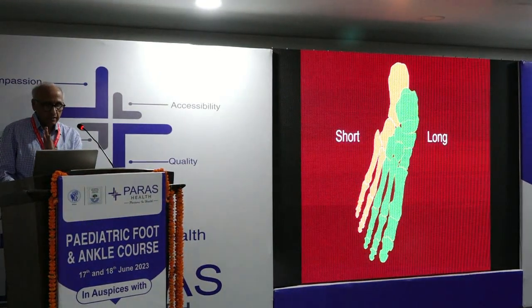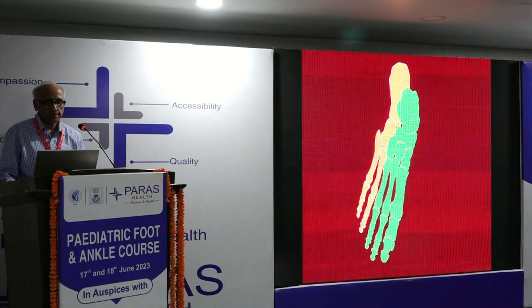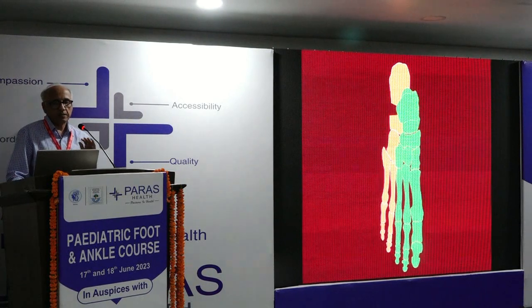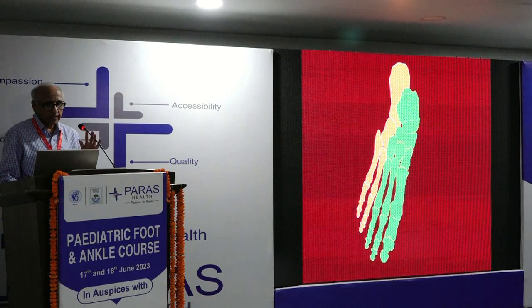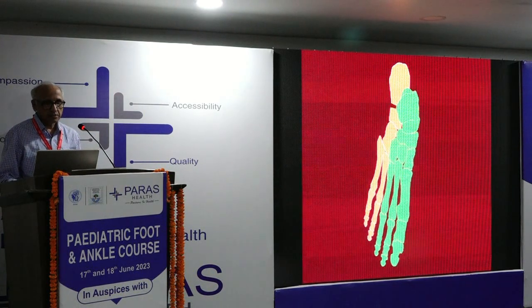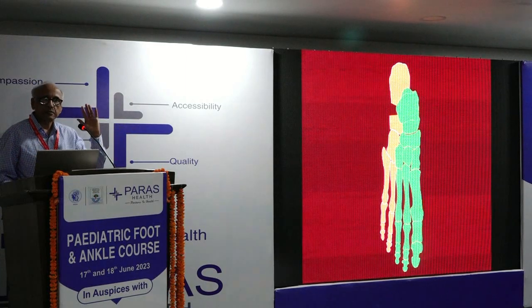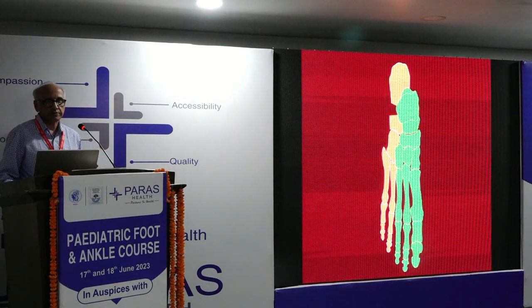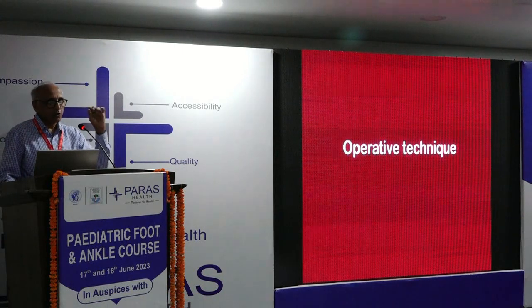So the medial column is long, the green one is long, the orange one is short. And this is how we correct. We cut the bone and then we correct it. Again, I am playing the animation. This is how we correct. It looks really well on the animation, and the same thing happens surgically also. So once we correct it, we put a bone graft in that.